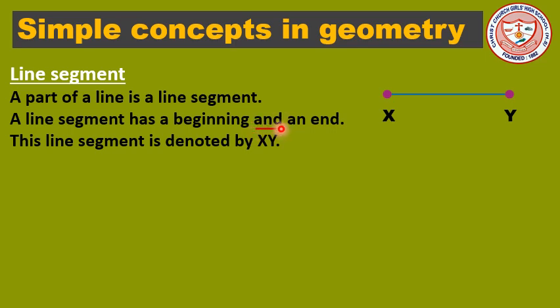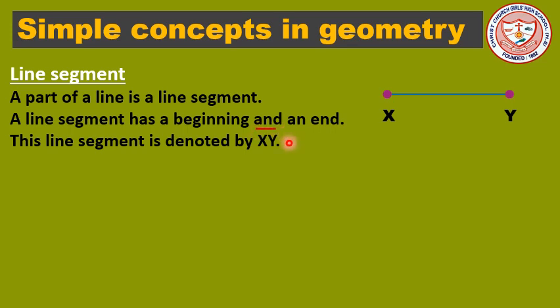It is just a dash without the arrows. Why so? Because it has a fixed starting point and a fixed ending point. So that is why it is denoted by XY with this bar.